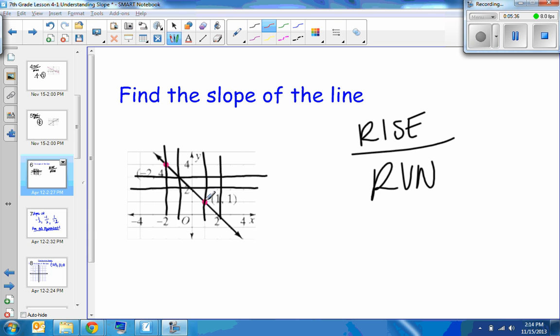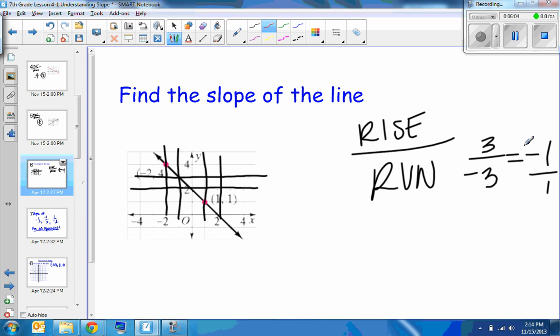So from here, I rose, so I went 1, 2, 3, up. So 1, 2, 3, and then I went 1, 2, 3 to the left, so it's a negative 3. I can simplify this to be negative 1 over 1.